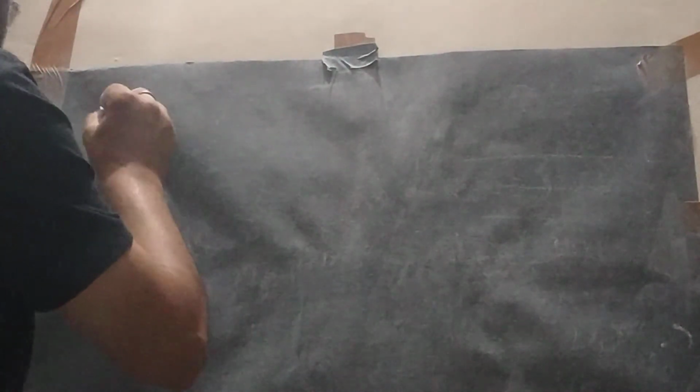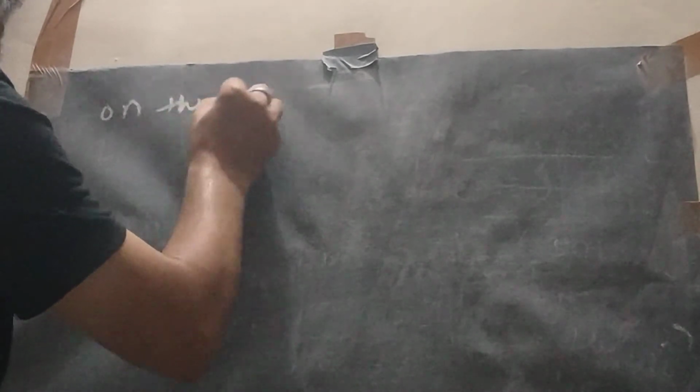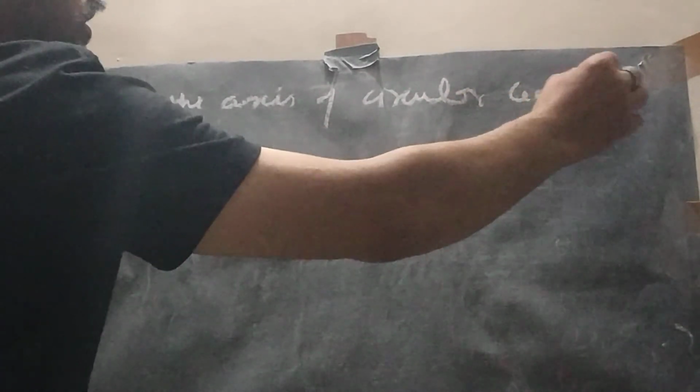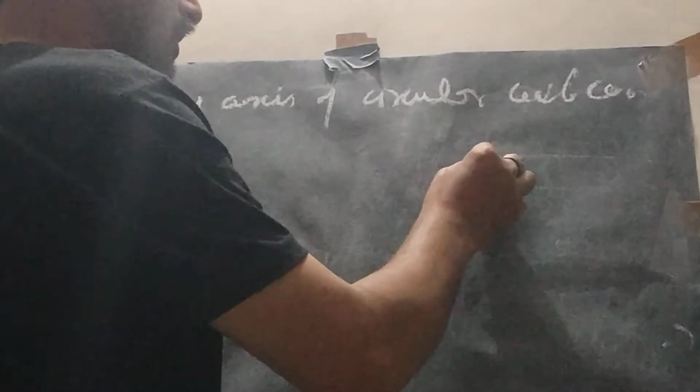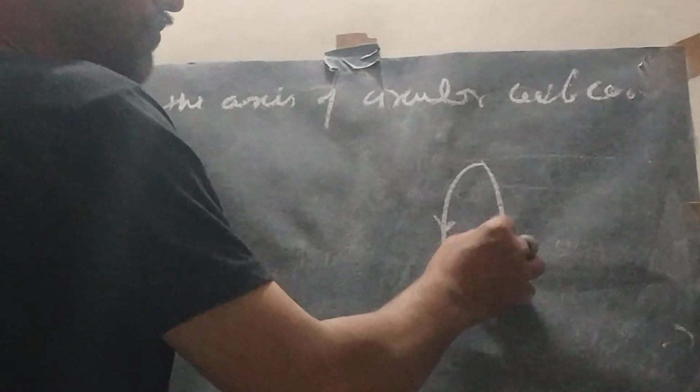One more application of the Biot-Savart law is the magnetic field on the axis of a circular coil. In the first case we found the magnetic field at the center. Here is the magnetic field on the axis of a circular coil carrying current. Suppose the circular coil is like this, in which current is flowing.